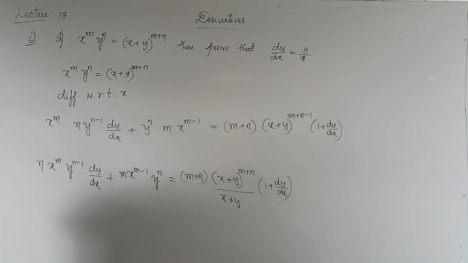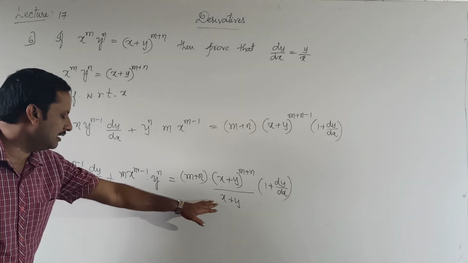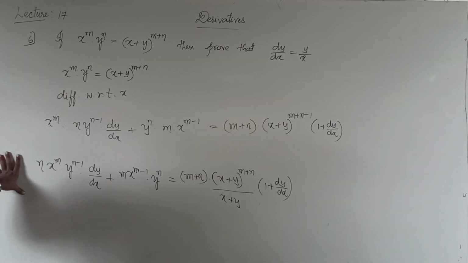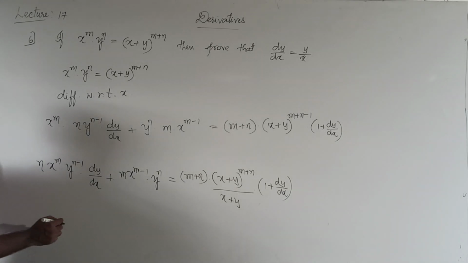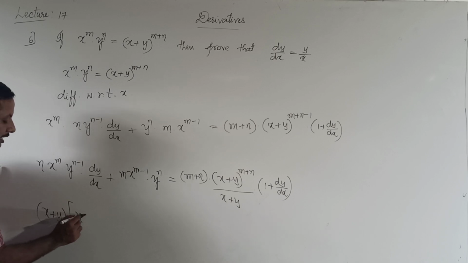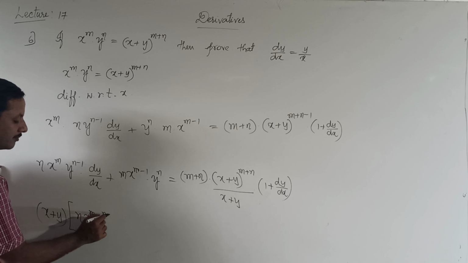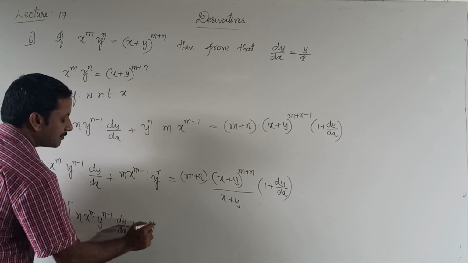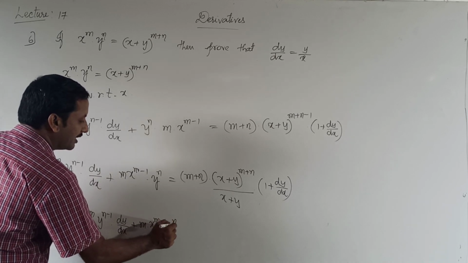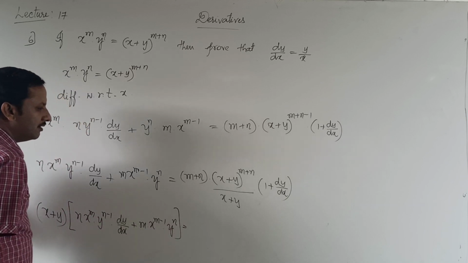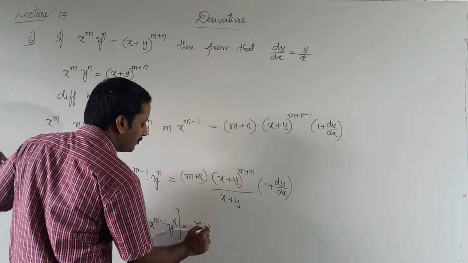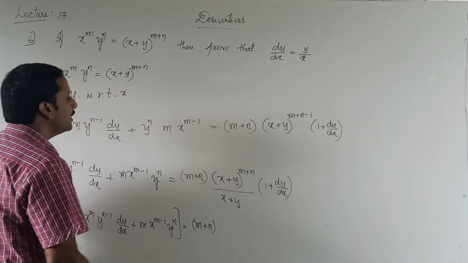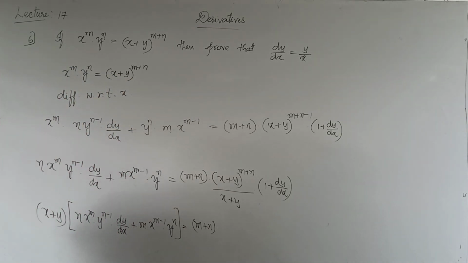Okay, so now I will bring this x plus y into LHS. Okay. I'm just cross multiplying. So when I cross multiply, x plus y into n into x power m into y power n minus 1 into dy by dx plus m into x power m minus 1 into y power n is equal to, on RHS we have m plus n into x plus y whole power m plus n is there, no?